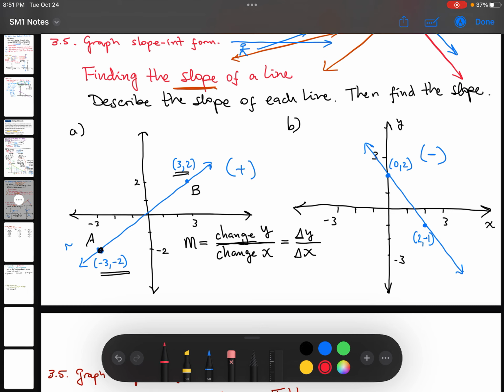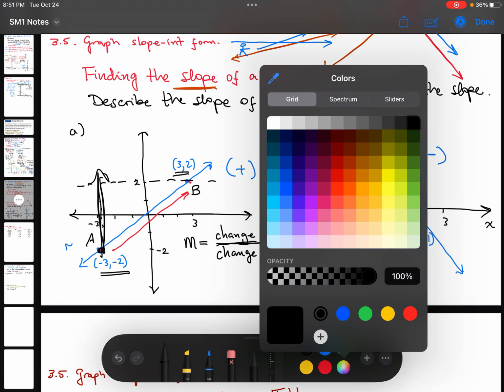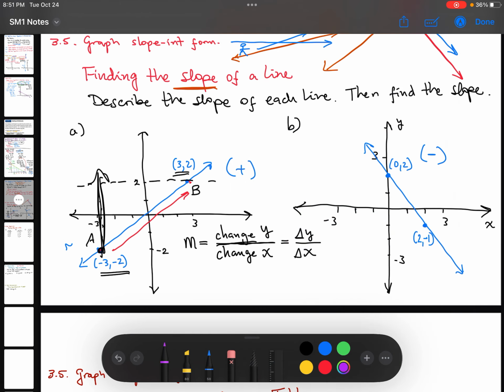If you want to go from A to B, you know that the shortest way would be through a straight line. But instead, from A to B you have to go up, right? I don't know how many steps, but definitely something like this. And then, once you reach the same level, you will have to go to the right, or what we call the run.